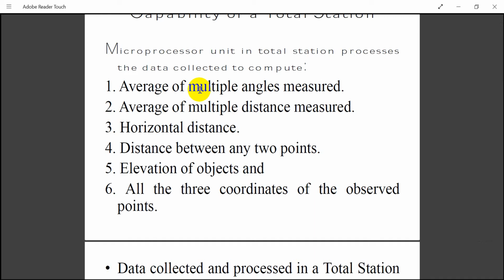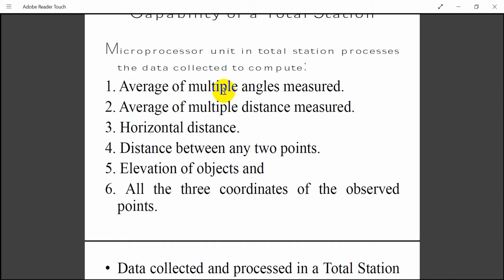We explained it last semester. Left side, right side, turning the axis. Same thing with distance: average of the multiple distances. You take the distance from one location to the other location, then your same instrument is exchanged, you take another distance, and it will give the average of those distances.